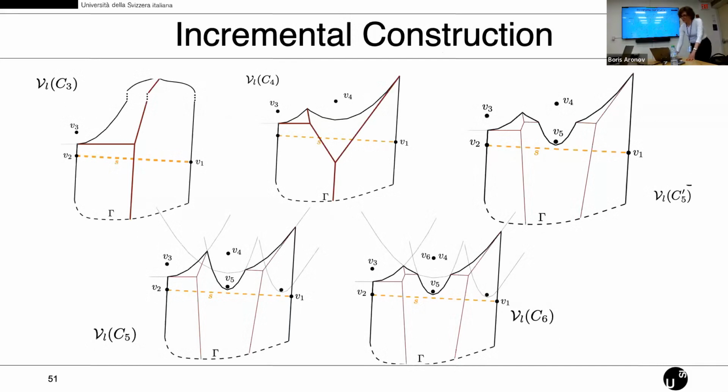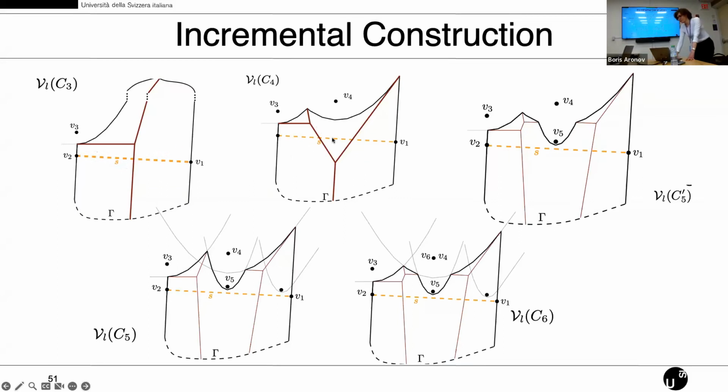All right, so here we can see this incremental construction a little bit. So here we start always with three sites, the two endpoints of the segment, and one random point. So this is the Voronoi-like graph of these three points.